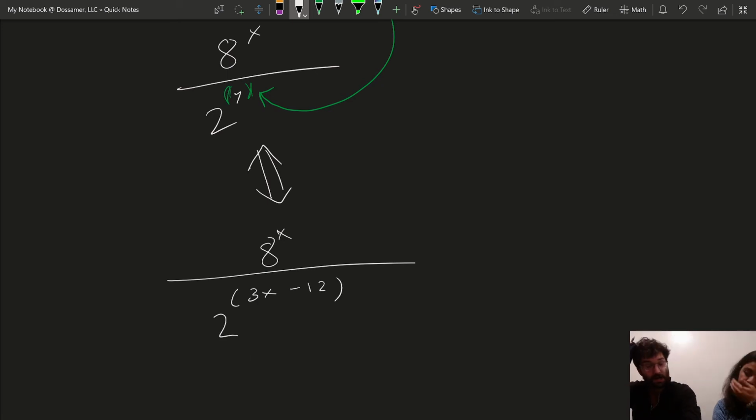In particular, this y here, we can take that, stick it in there, and what's that going to look like? 8 to the x over 2 to the 3x minus 12. Keeping the parentheses, 2 to the 3x minus 12. And now we have an expression entirely in terms of x.